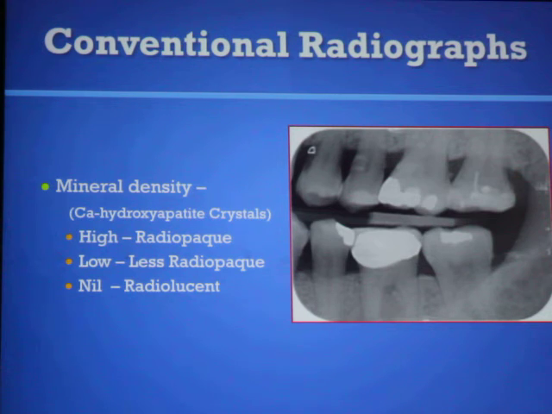So if we translate that understanding onto the normal dental radiograph, we can see different objects because some objects are high density with calcium hydroxyapatite, some have low calcium hydroxyapatite crystals, and some don't have anything.